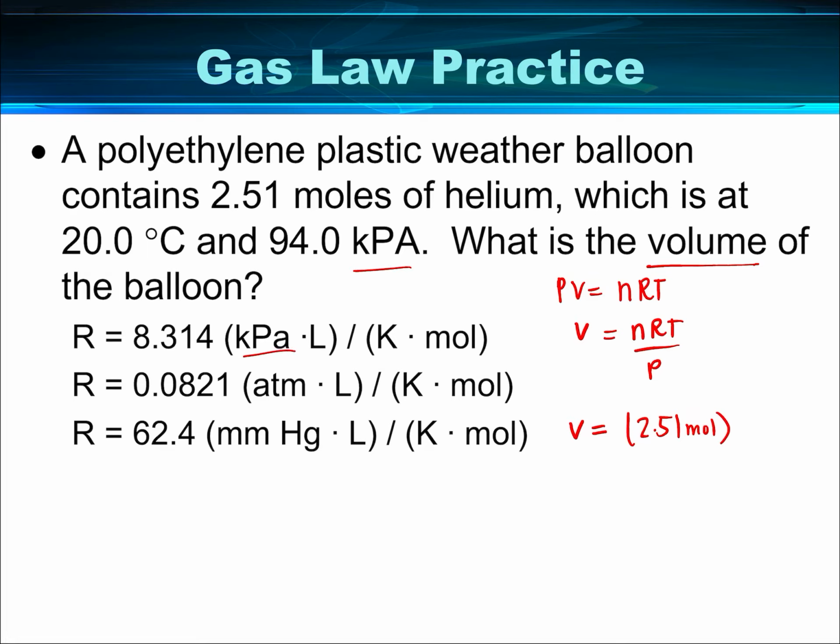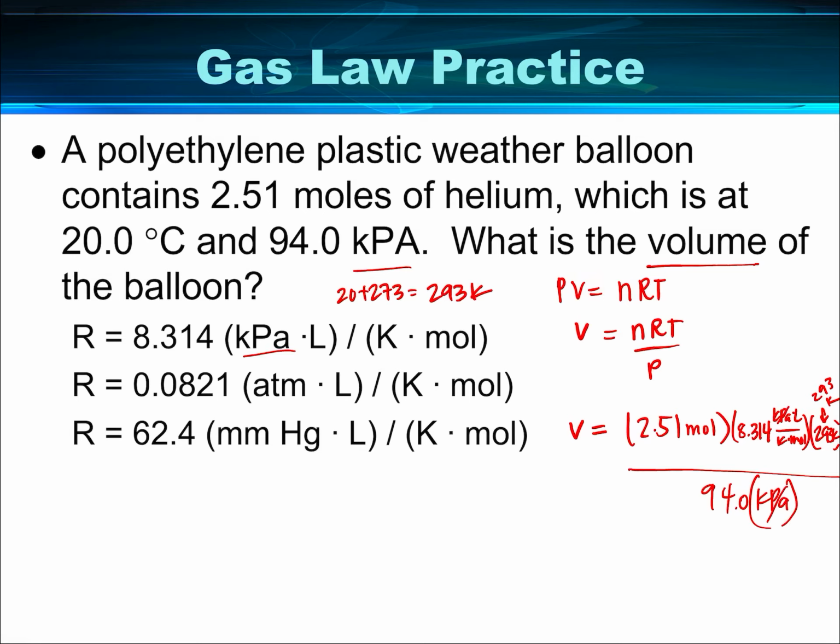So V equals 2.51 moles. For R, I have kPa, so I'm going to use this first one, 8.314. And for T, I have 20 plus 273, which equals 293, so this says 293 K. And pressure, 94.0 kPa.